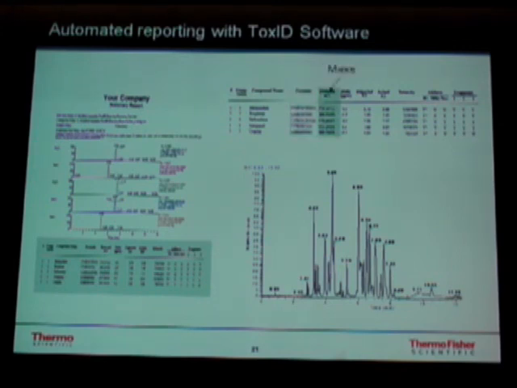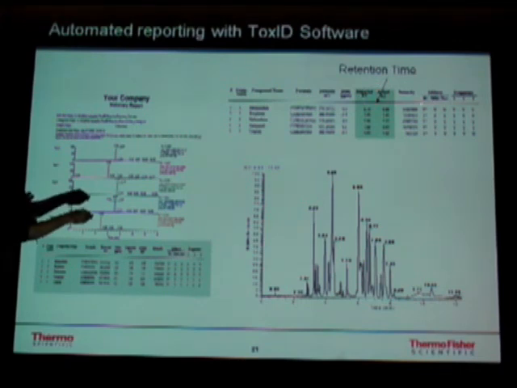It gives you the mass that was detected in the run. It tells you the mass error, comparing the experimental mass with the mass of this formula. And then it compares expected retention time with actual retention time.